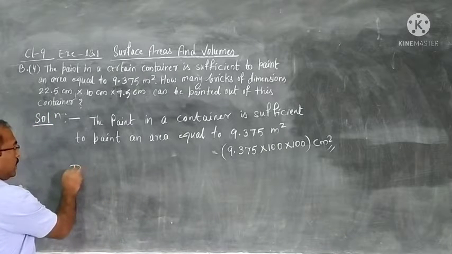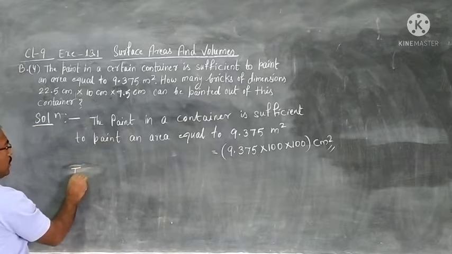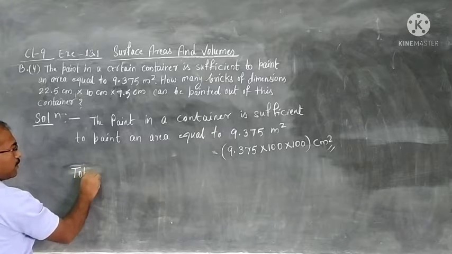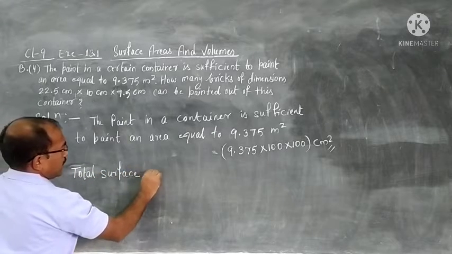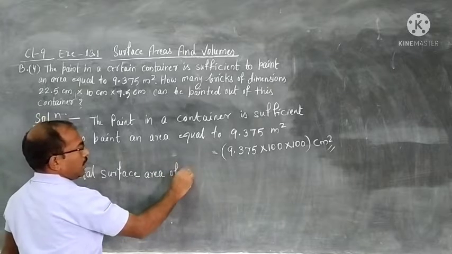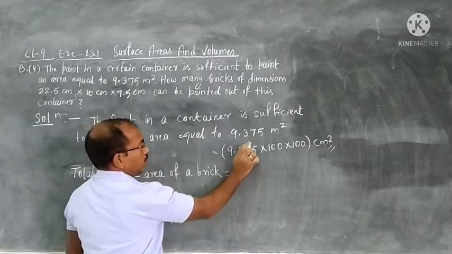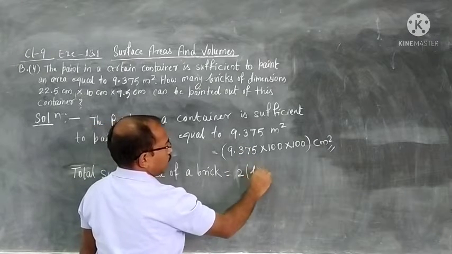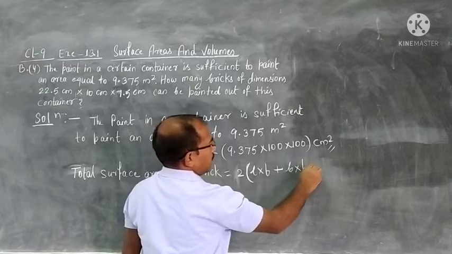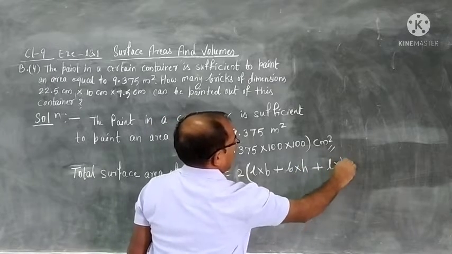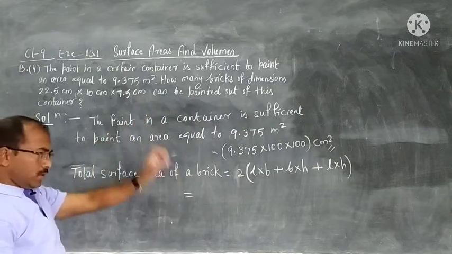Now straight we can write here the total surface area of a brick. We all know the formula. What is that? 2 into length into breadth plus breadth into height plus length into height. Straight we can pick up the dimensions from the question and use them here.